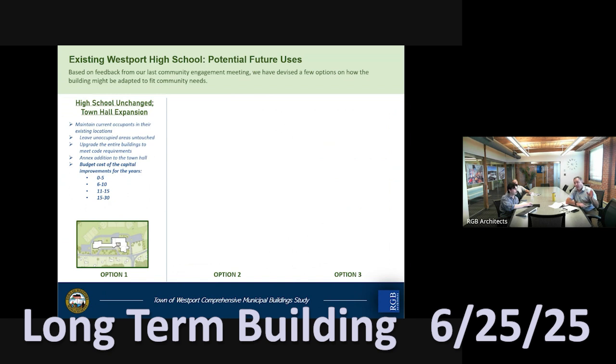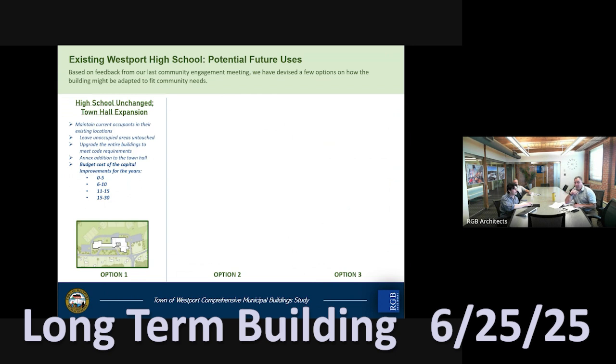We had option 1, which was really not doing anything specific to it, but we wanted to look at its cost pushed out from 0 to 5 years, 6 to 10, 11 to 15, and 15 to 30.